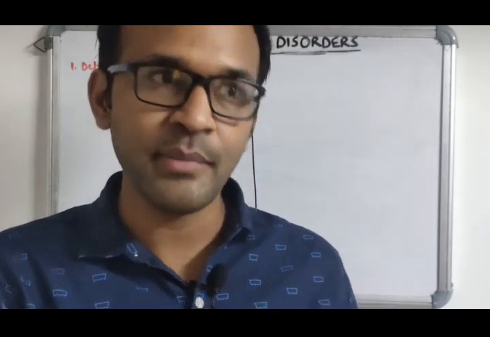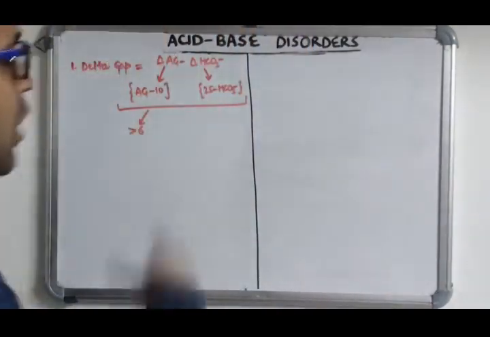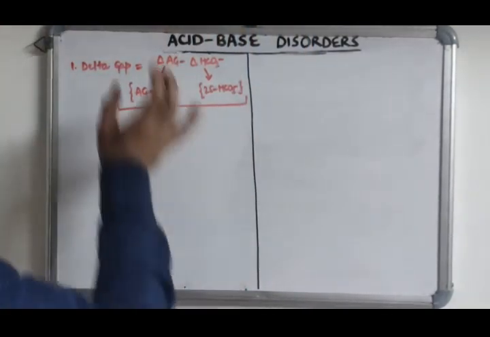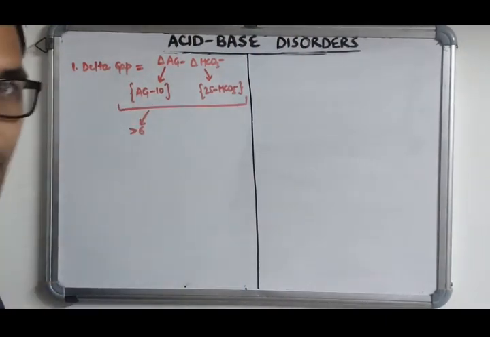Similarly, if there is a patient of advanced CKD who has uremic high anion gap metabolic acidosis and starts vomiting, he again develops alkalosis. Because of alkalosis, bicarbonate will rise, so it will not appear to decrease as much as the anion gap rises. So this gap will become more than 6. I hope it is clear.